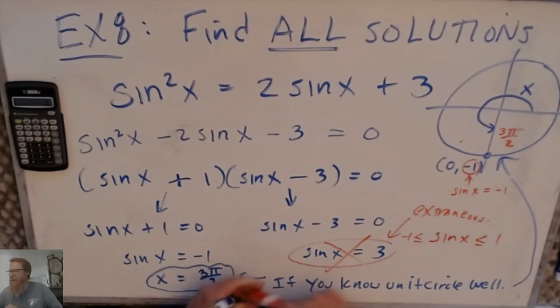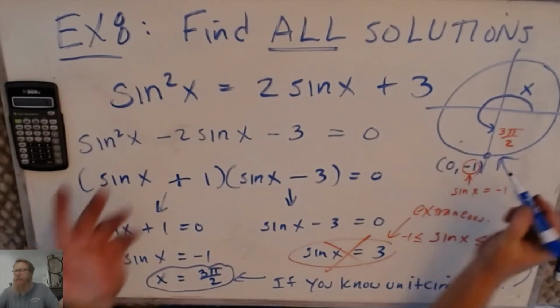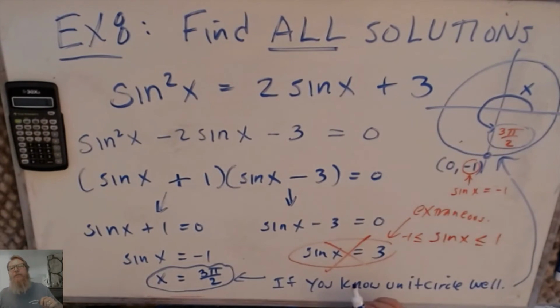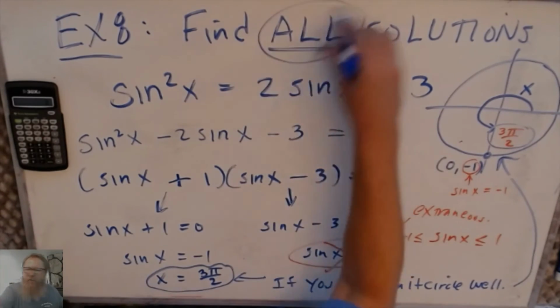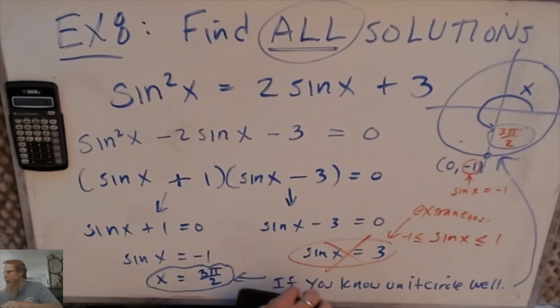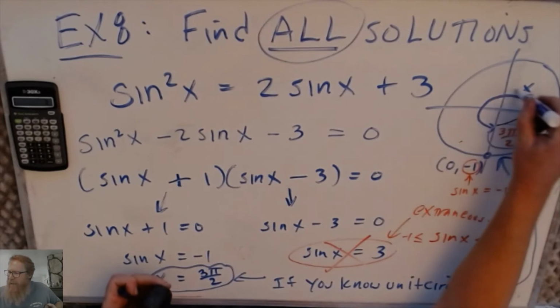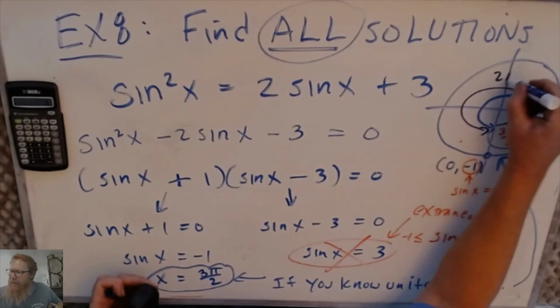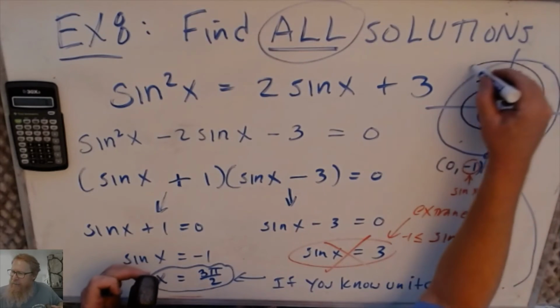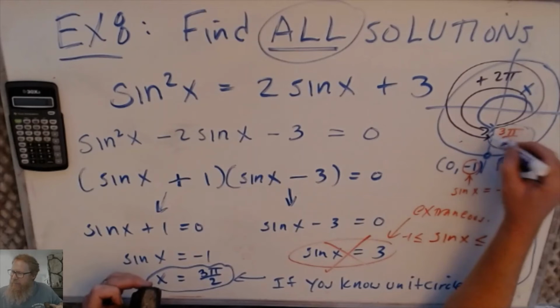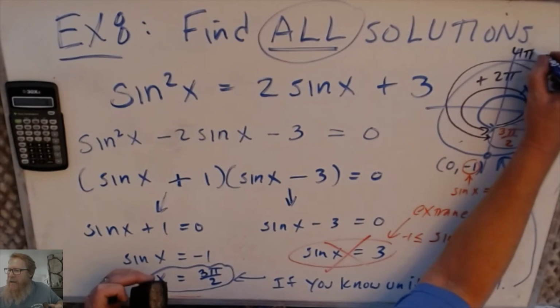Now, ordinarily, I would just give one answer. I would just say 3 pi over 2. But I want to find all solutions. So I could go around and around and around. I could add 2 pi, I could add 4 pi.